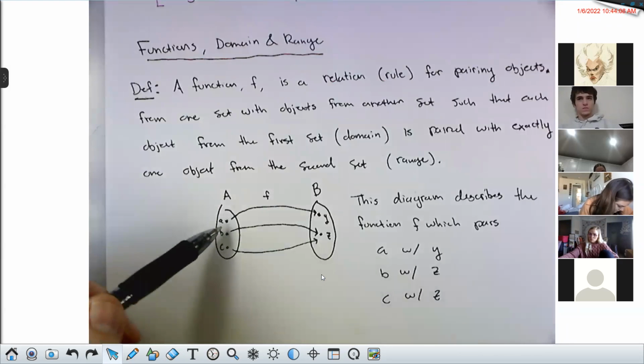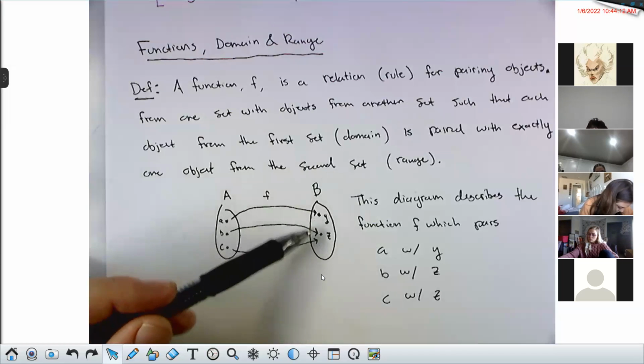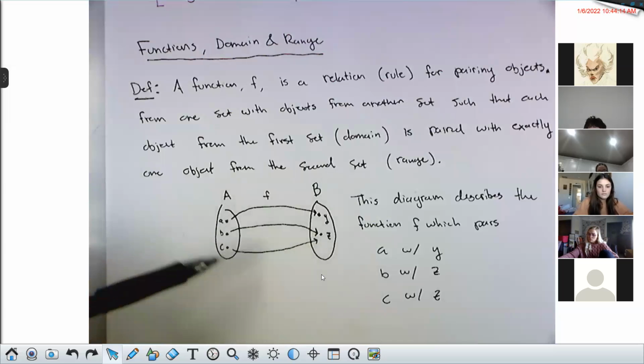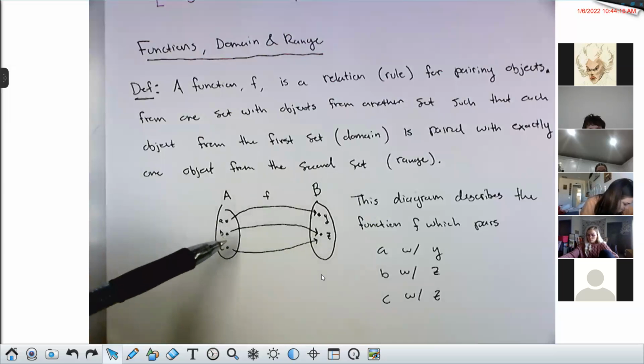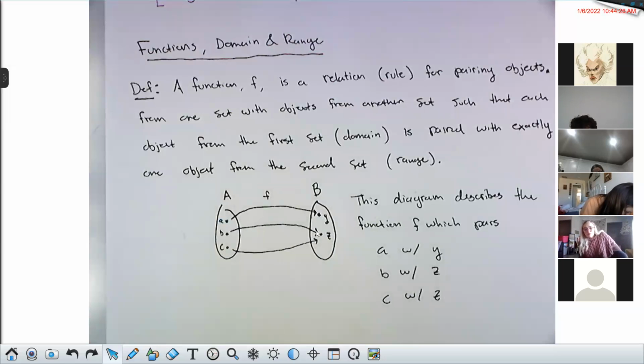So each object, a, b, and c, in the first set gets paired with one and only one object in the second set. It's okay that two objects from the first set go to the same object in the second set. That's not a problem. What we could not do is send a to both y and z. That would violate the definition, because then you'd have one object in the first set being paired to two different objects in the second set.